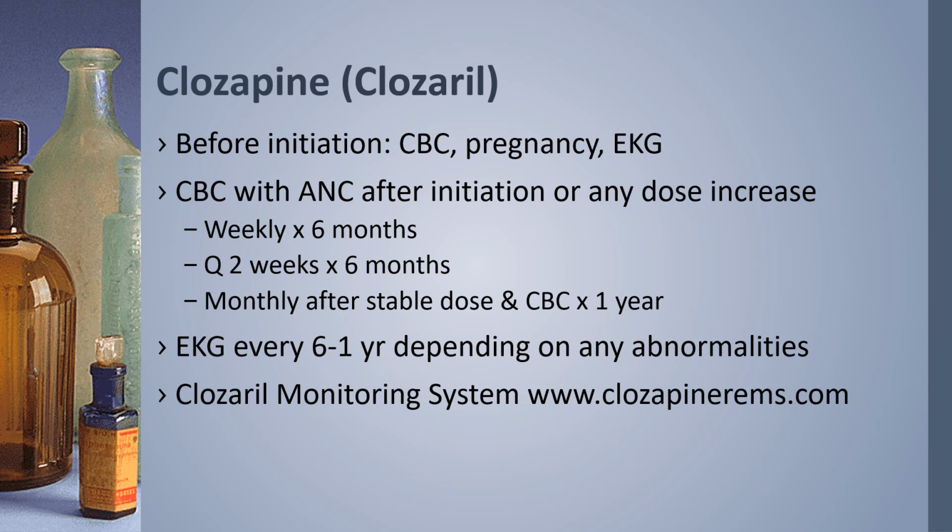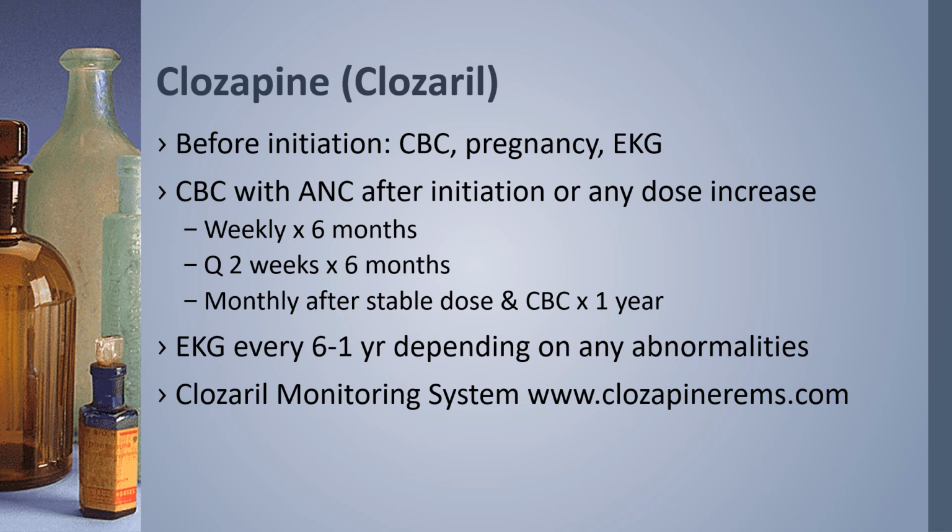So anyway, after we initiate and/or after any dosage increase, we're going to get CBC with ANC every single week for 6 months. If every single weekly ANC is within normal limits for 6 months, then we can move to every 2 weeks.